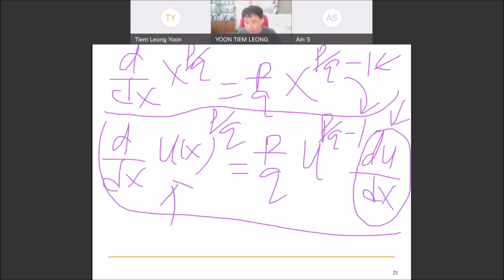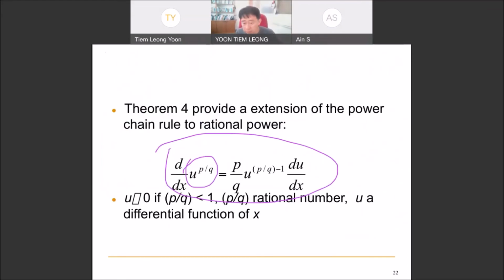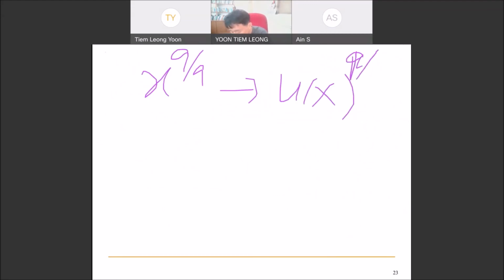So that's what I'm saying. The generalization from these equations to these equations is just an application of the chain rule. Okay, you promote the function x^(p/q) to u(x), which is a function of x, to the power p/q. This is p/q. Okay.